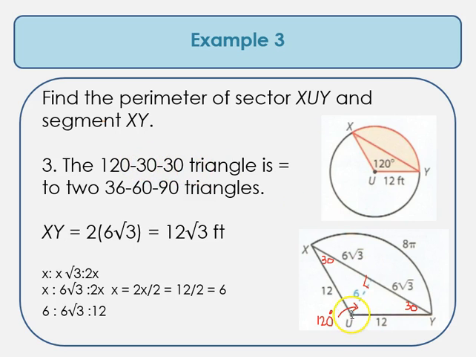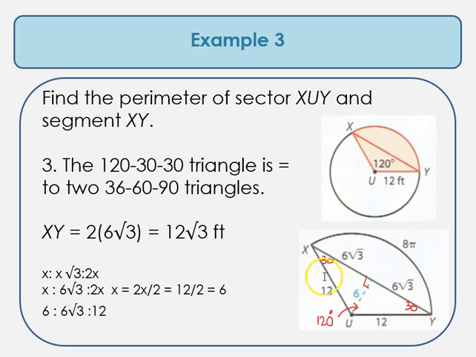And if we drop an altitude from U to the chord and bisect that chord, we now have two 30, 60, 90 triangles, and we can use our ratios for 30, 60, 90 to find the long leg of both of these 90 degree triangles.